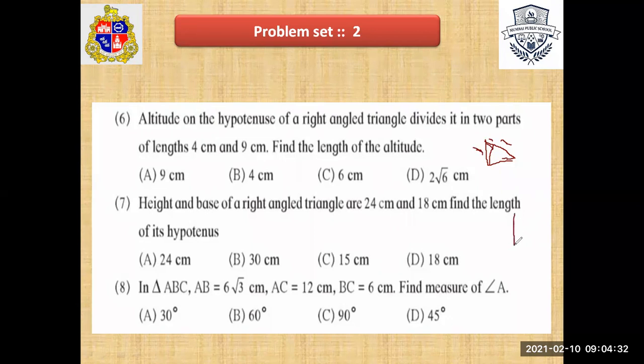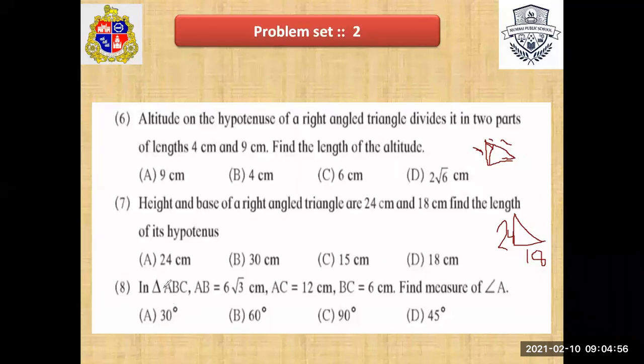Then apply Pythagoras theorem here. Height is given 24, and base is 18. Then according to Pythagoras theorem, hypotenuse square is equal to one side square plus the other side square.